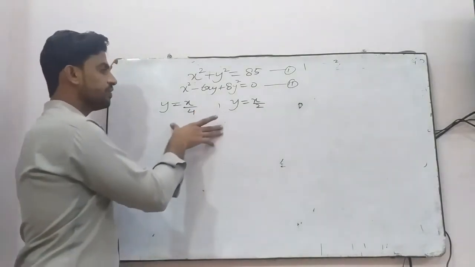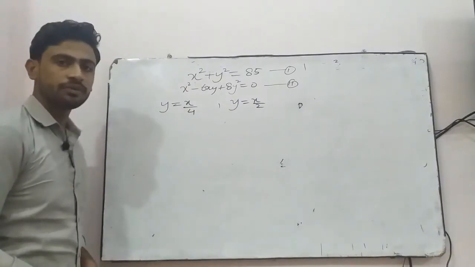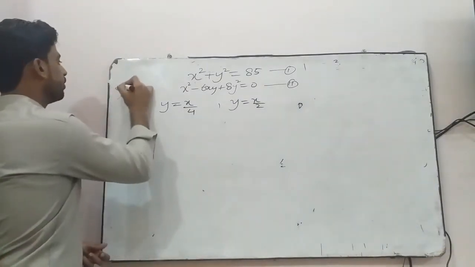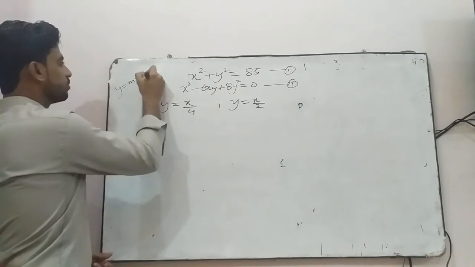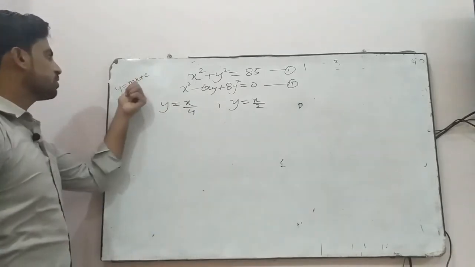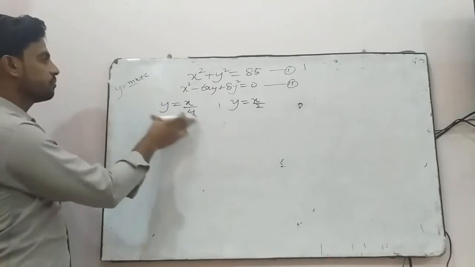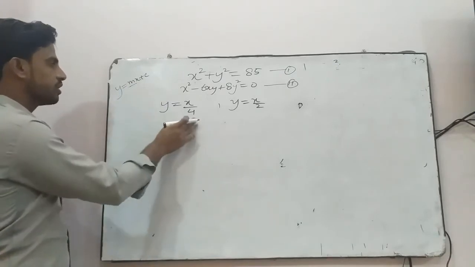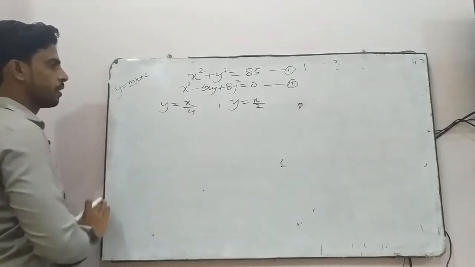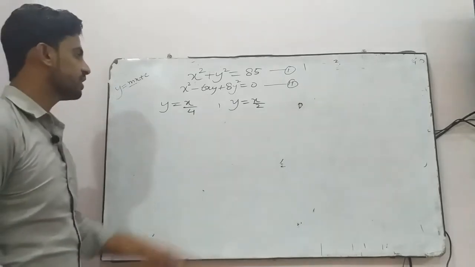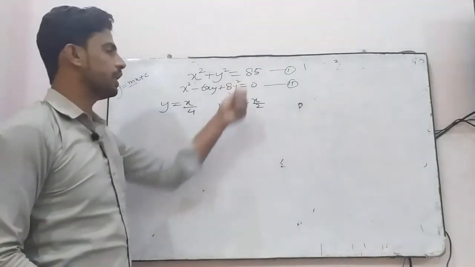We have written them in the standard form of the linear equation, y is equal to mx plus c, where m is the slope and c is the intercept. Now we have a system with two linear equations and one quadratic equation.